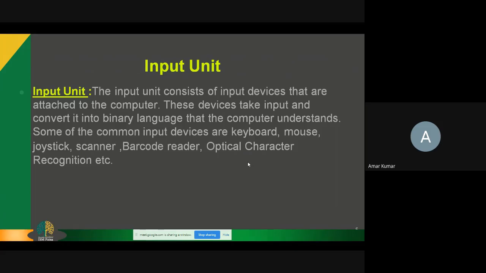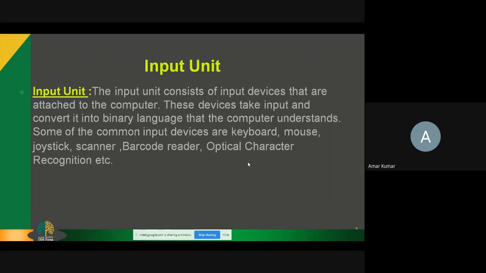These devices take input and convert it into binary language that the computer understands. Some of the common input devices are keyboard, mouse, joystick, scanner, barcode reader, optical character recognition, etc.